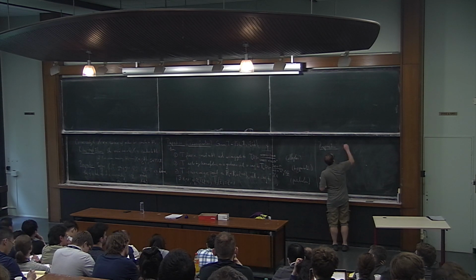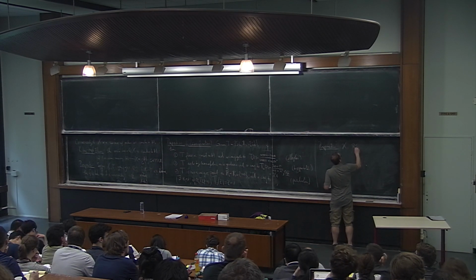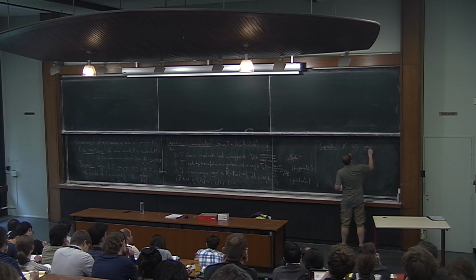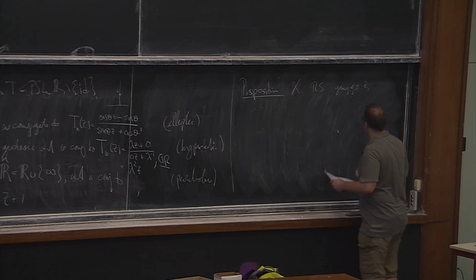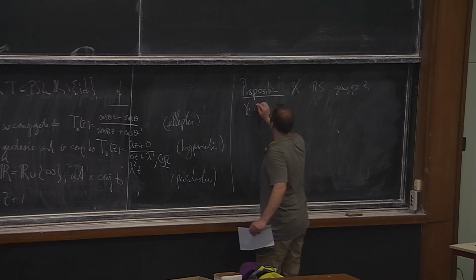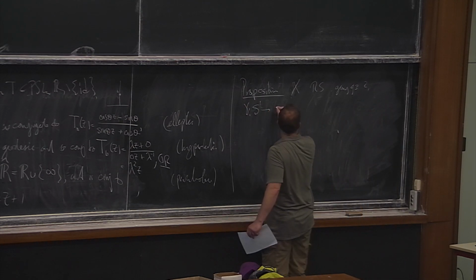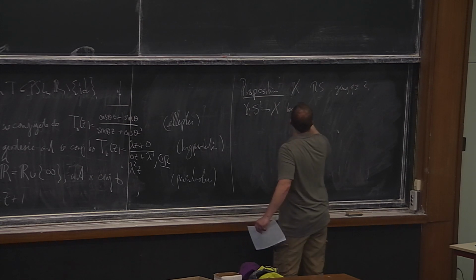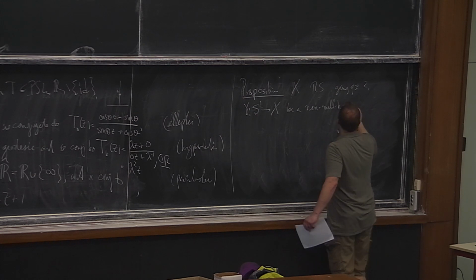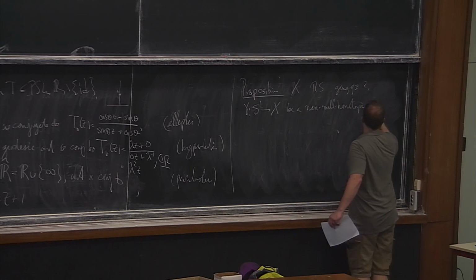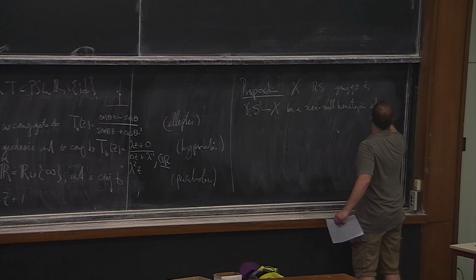So again, X will be a Riemann surface, genus G at least 2. And let gamma from the circle into X be a non-null homotopic closed curve.